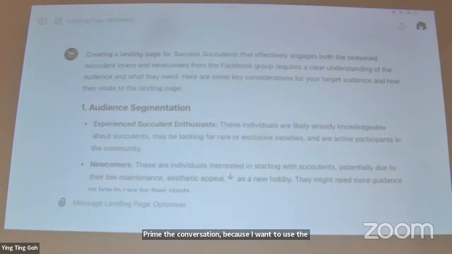So you want to prime the conversation with tidbits of information, make choices in the conversation, and then keep moving forward. So I'm going from very big picture to small picture. I'm not directly going, give me a landing page, because then very likely you have encountered that you've given it a task straight off the bat, and then it's given you an output that you are not happy with, or you were like, I could have done better, and then you walked away feeling very dissatisfied with the output.